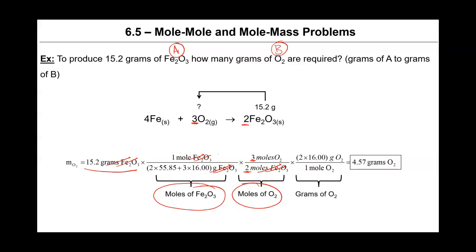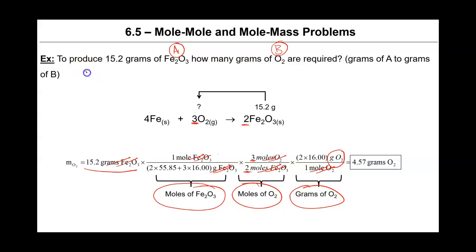And then finally, to turn the moles of our B into grams of our B, we have to multiply by the molar mass of our B. And that will cancel moles of our B, leaving us with the grams of O2 or the grams of our B, the thing that we are interested in. We multiply all of that together in the calculator and we get our answer.